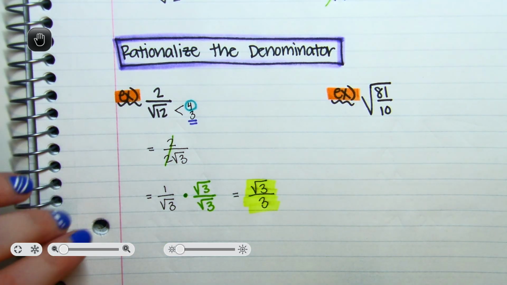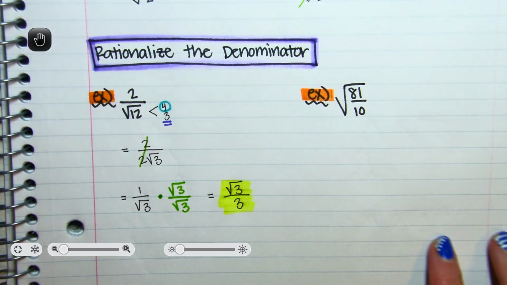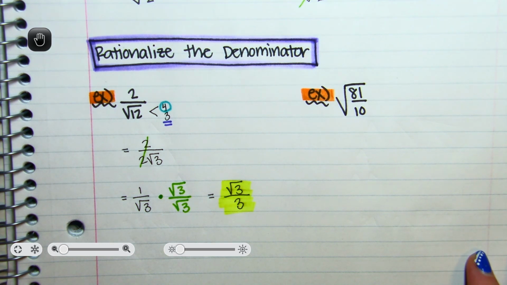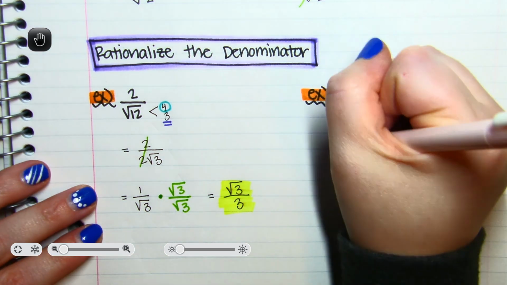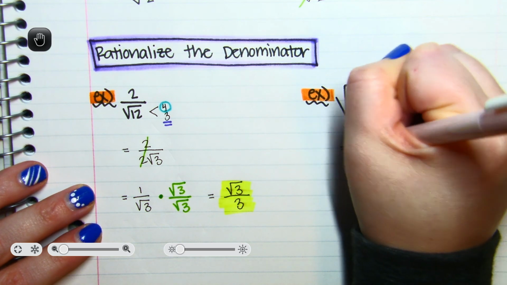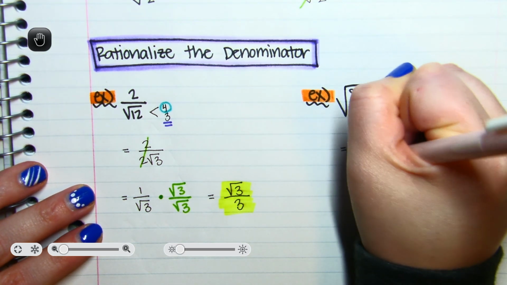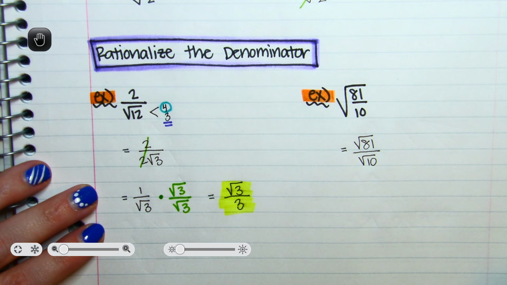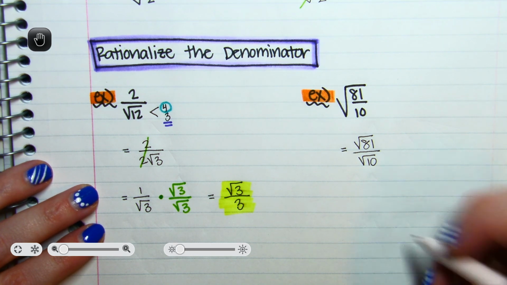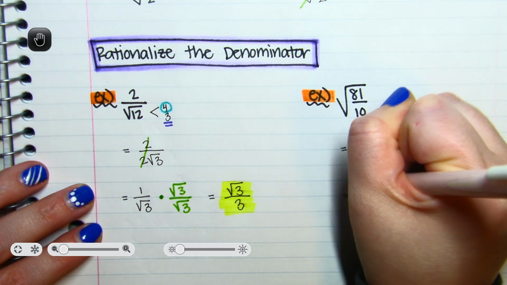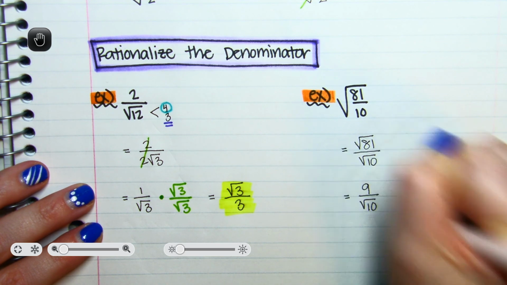Last one. 81 divided by 10 does not simplify, so I'm going to go ahead and write this as 2 separate radicals. So square root of 81 over square root of 10. Do either of those simplify? You should have said yes, the top, and the top becomes 9. So 9 over rad 10.